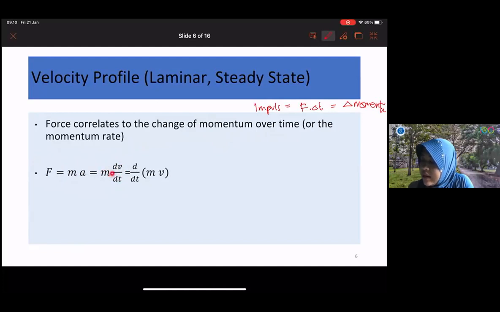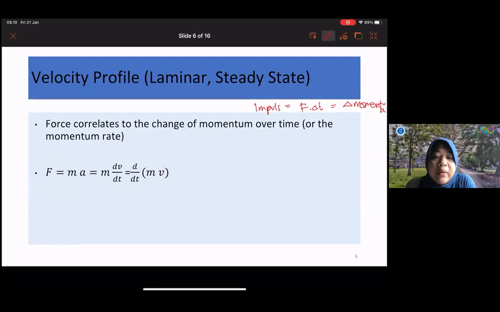Because the mass is constant, we put it inside the bracket. So the force is the rate of change of momentum with time. That tells us that if we can calculate the rate of momentum, it correlates with some force acting on the object.